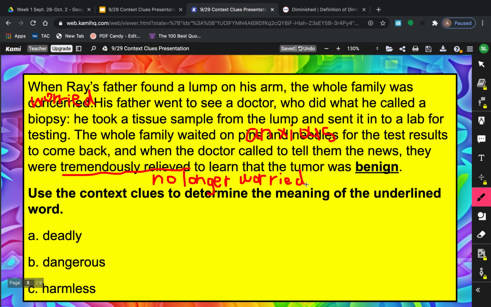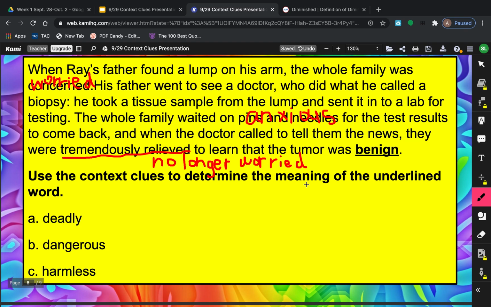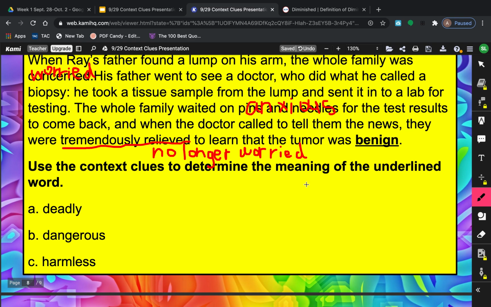Now, that word benign is a newer word, but because of all of the context clues used in the text, I can determine the meaning from the three answer choices here. So the first one says deadly. Now, I can associate the fact that they were no longer worried with the understanding that benign obviously does not mean deadly. Because if it was deadly, they would be worried still, and they're no longer worried.